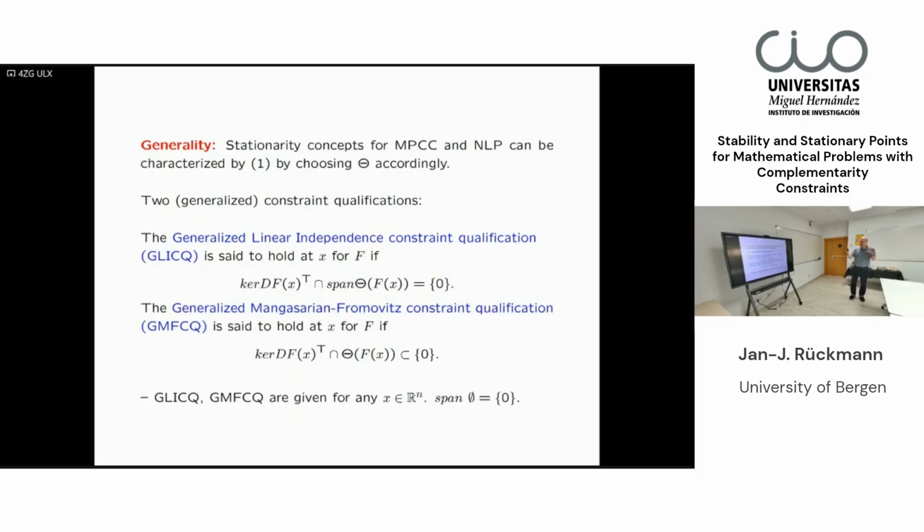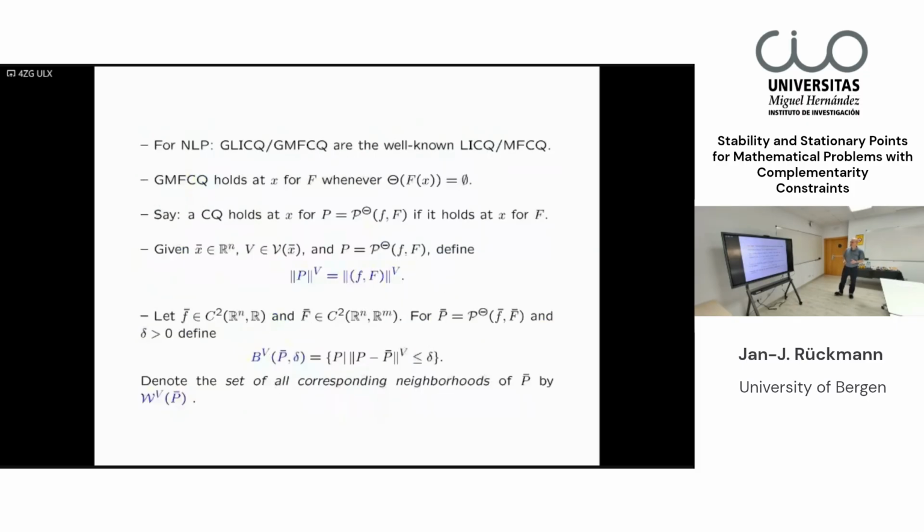So again, let me say it again. As we have now generalized the notion of the constraint qualification, GLICQ and GMFCQ, of course, for the nonlinear programming problem, for a standard problem, this is exactly our LICQ and MFCQ. Otherwise it would be strange, of course.